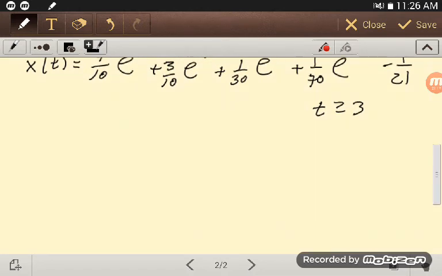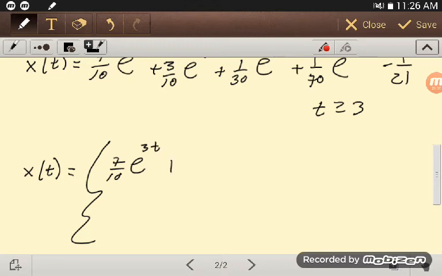So overall, what we found was the same thing we found from using the Laplace transform, that we have the 7 over 10 e to the 3t plus 3 over 10 e to the minus 7t, for 0 less than or equal to t less than, and we'll use a strict less than 3 now.